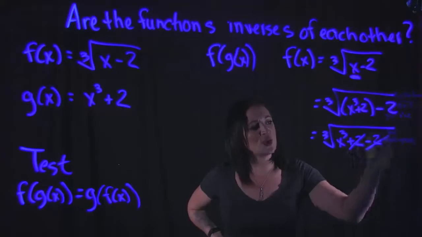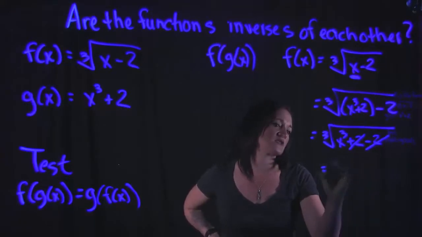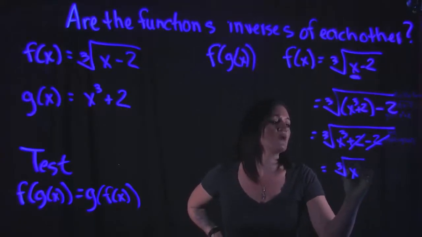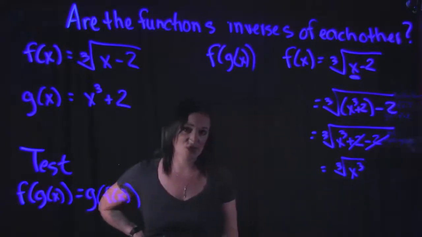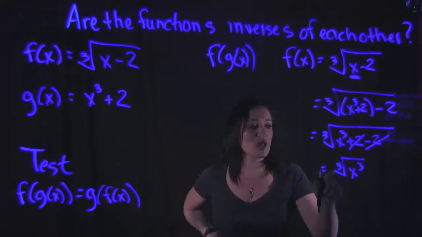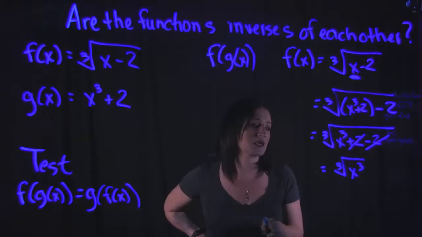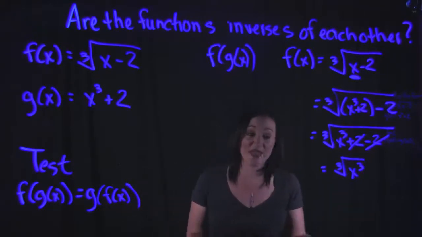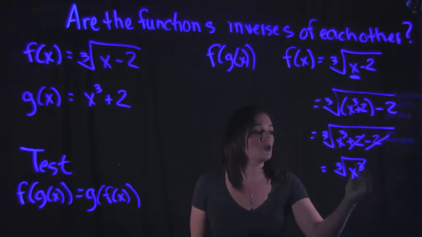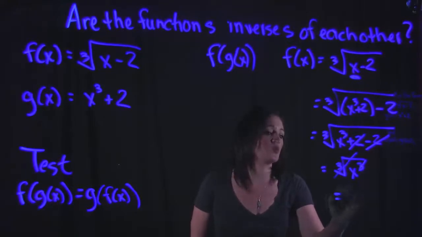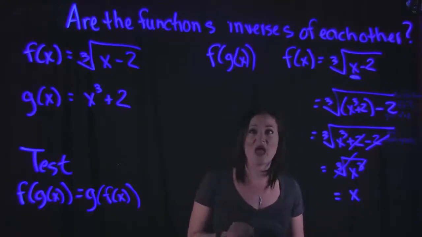Plus 2 and minus 2 cancel out to 0, leaving me with the cube root of x cubed. Now, a cube root and a cube are exactly opposites of each other. They cancel out, leaving us with x.